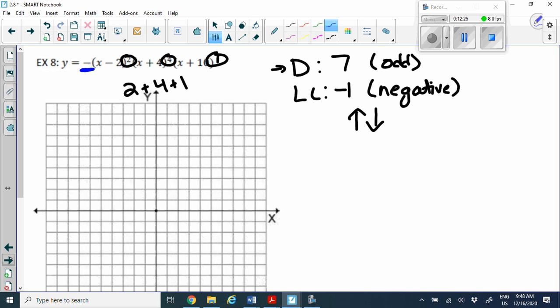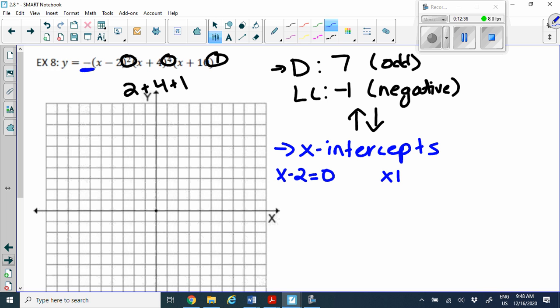Okay, now the next thing we need to figure out are the x-intercepts. So remember, to figure out the x-intercepts, take each of your factors, set it equal to 0. So I have x minus 2, then I have x plus 4, and then x plus 1. So I get x equals 2, x equals -4, and x equals -1.